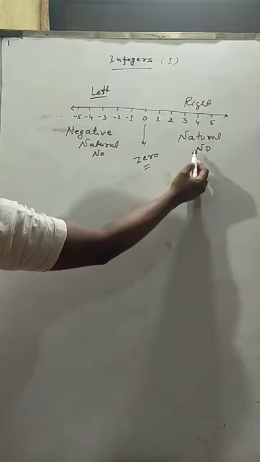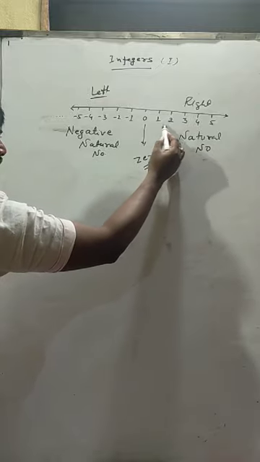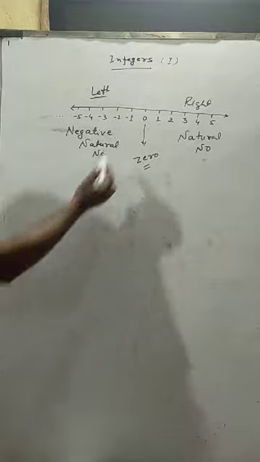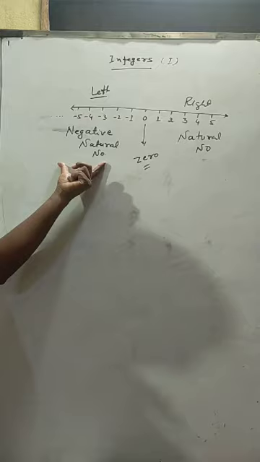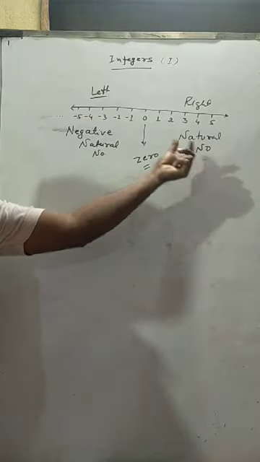On the right side of the number line, there are positive numbers. These are natural numbers, including 0.